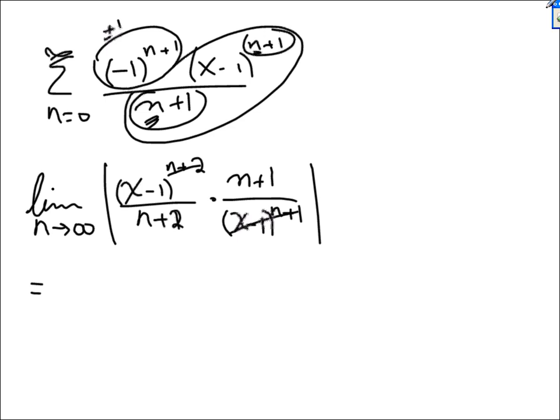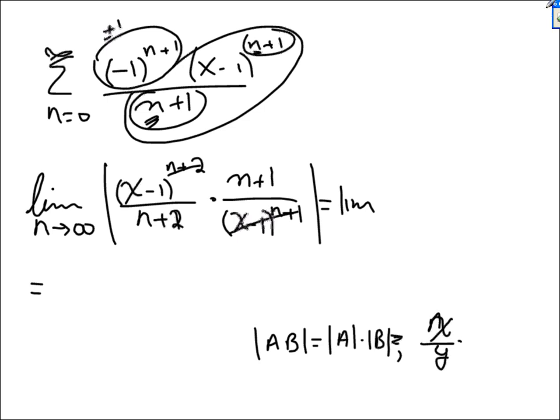Now remember, in case this is bothering you, the absolute value of AB is the same as the absolute value of A times the absolute value of B. And of course, if you have x over y times z, this is the same as x times z over y. After all, when you multiply the tops, you get xz, and the bottoms are y.